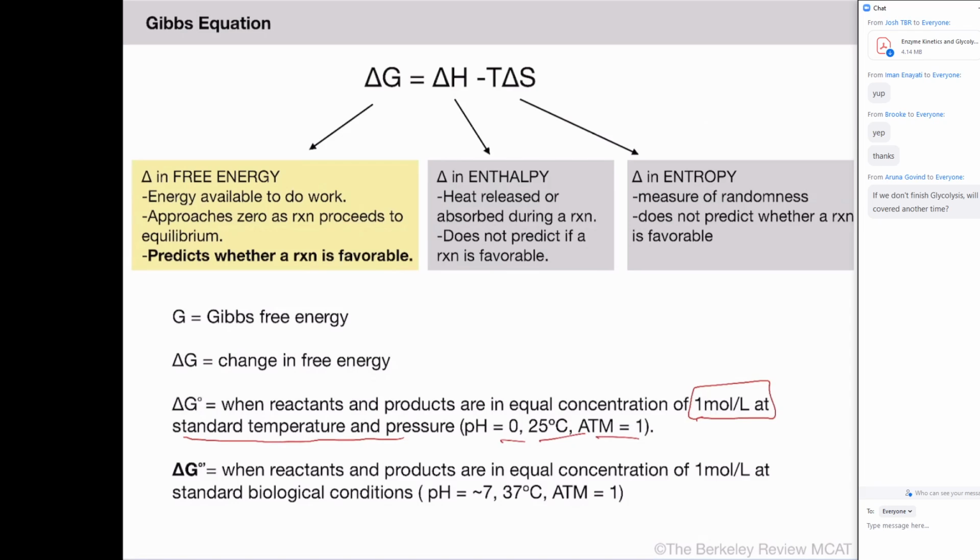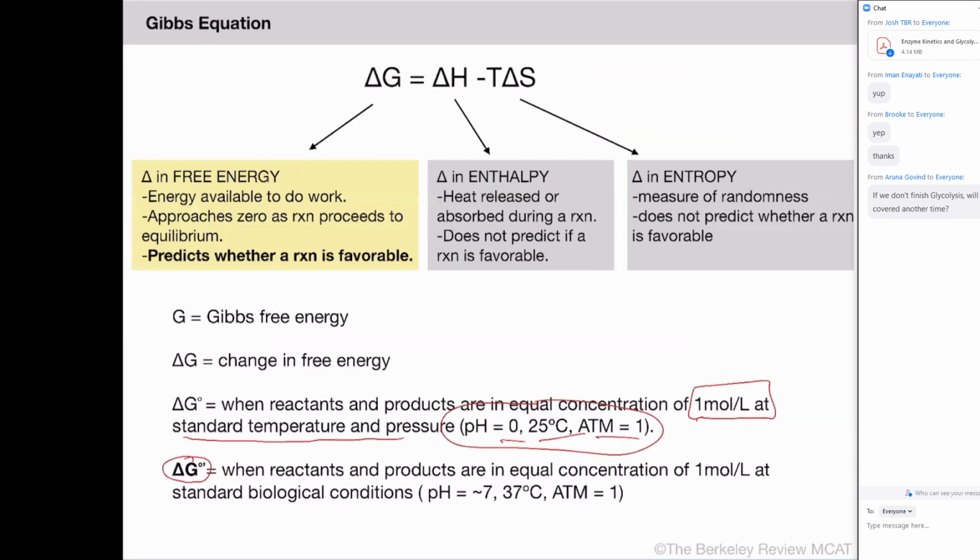Now, I don't know about you, but we're biochemists right now, and we're never, ever going to run into a situation where we're going to have a pH of 0, a temperature of 25 C, and a pressure of 1. It's just not going to happen, okay? So when we're talking about delta G in a biochemistry context, you're going to see delta G written as delta G naught prime, okay? And so that's just delta G under standard biological conditions.